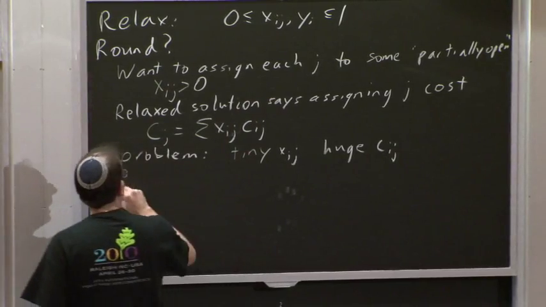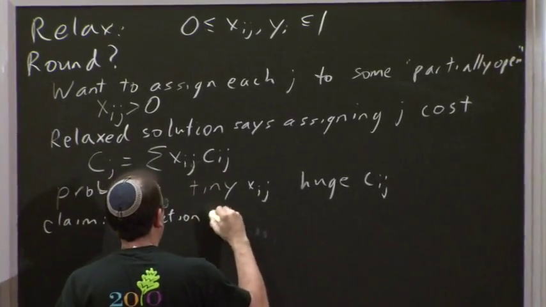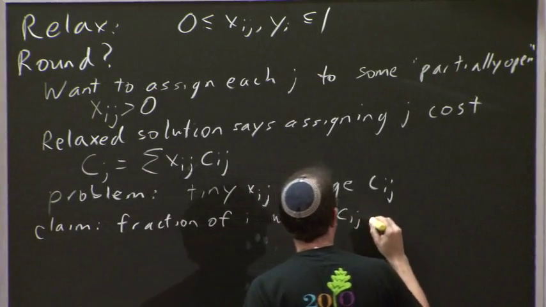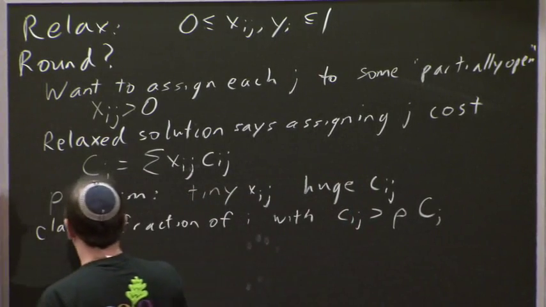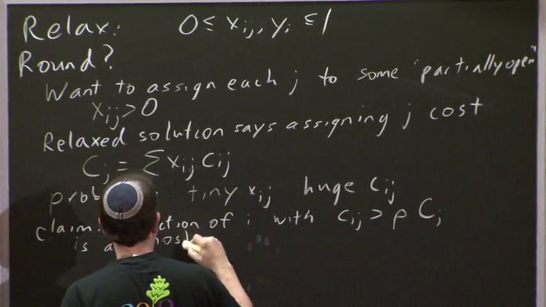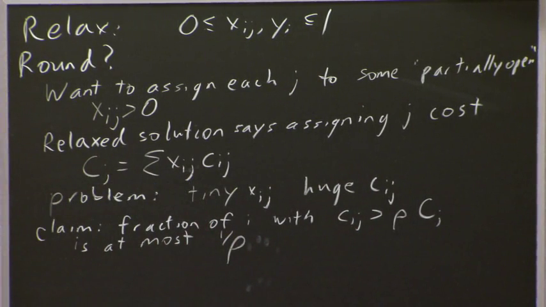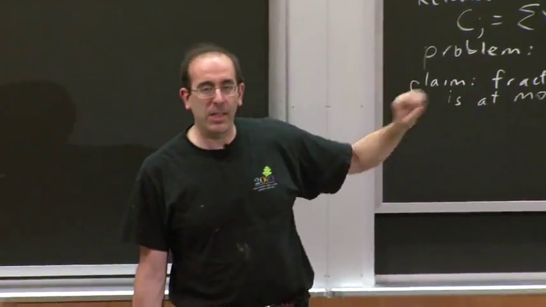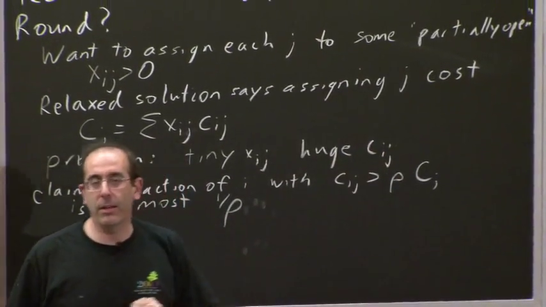So I claim that the fraction of i's with cij greater than rho times the average cost is at most 1 over rho. So there may be a few slightly open facilities that are very expensive, but if I rule out all of those very expensive slightly open facilities, that only removes a small bit of the facilities that client j wants to use.